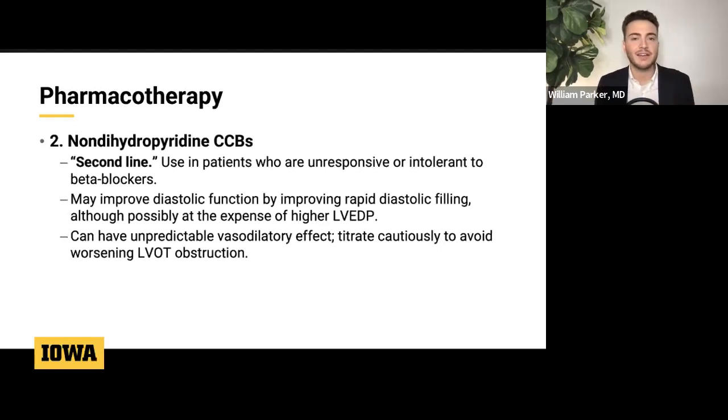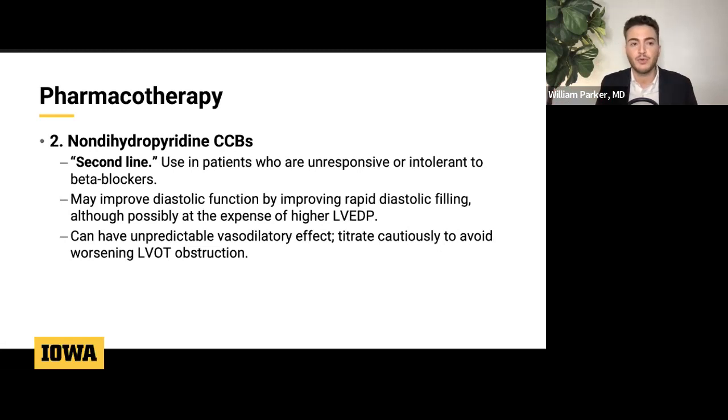What is still considered technically first line in terms of degree of evidence and magnitude of recommendation is a non-dihydropyridine calcium channel blocker. But I would say it's more of a second line drug, either if you can't use beta blockers because they're intolerant, or if you aren't getting an adequate response with beta blockers alone.